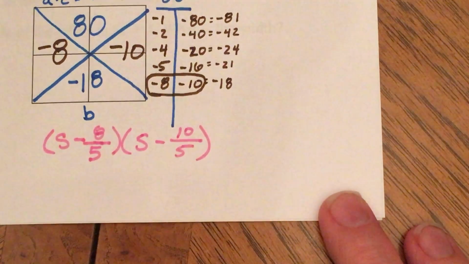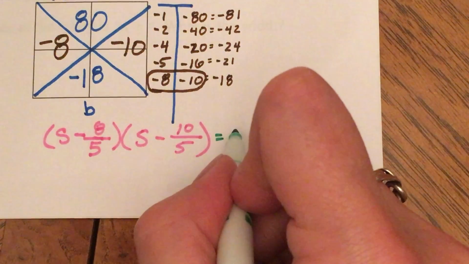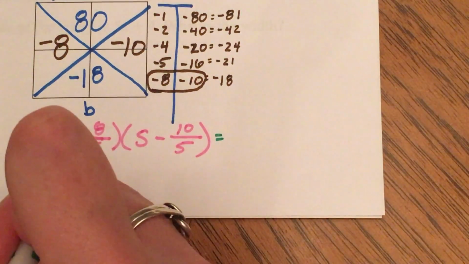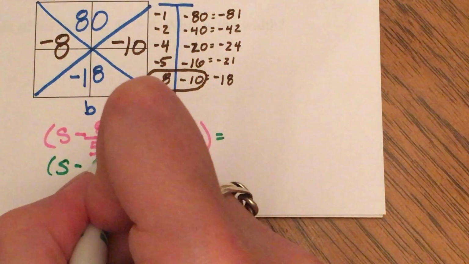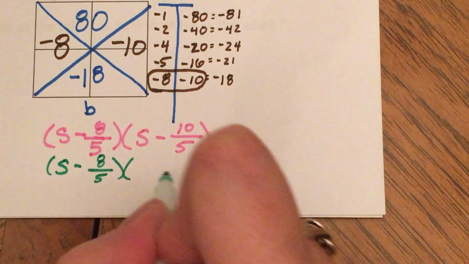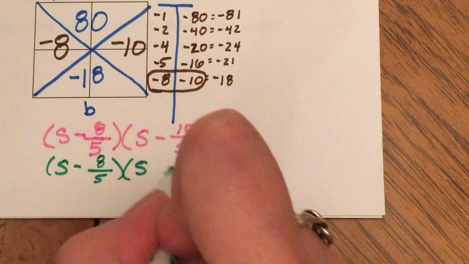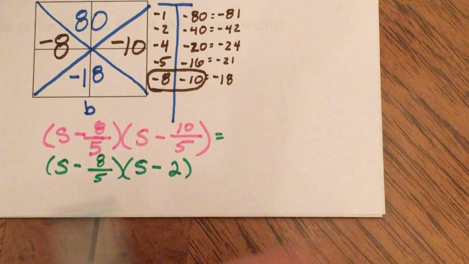Okay, what can reduce? Do you know? Eight and 5 does not reduce. It is stuck. But 10 and 5 can reduce. What does that make? 2. You're right.